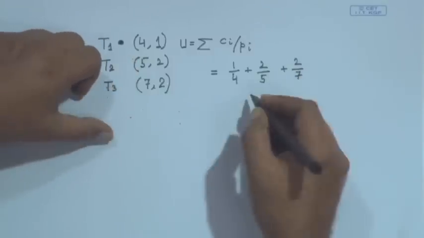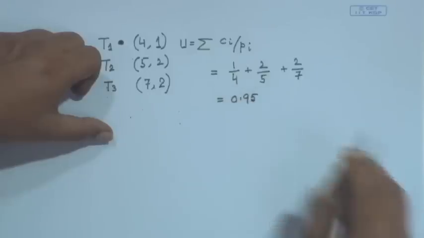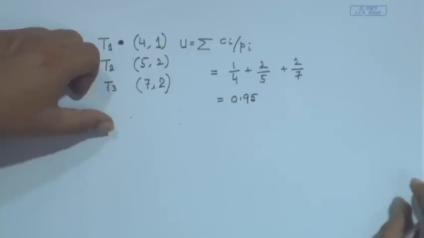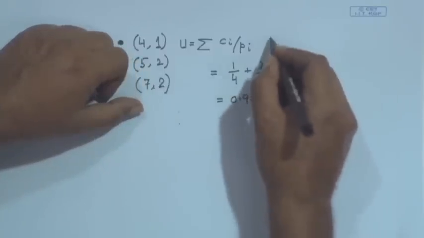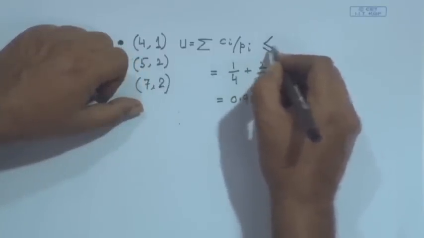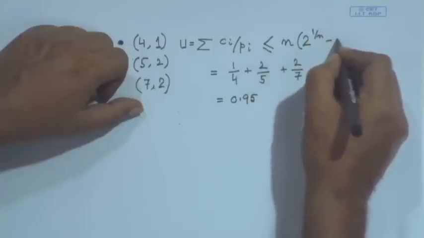So, that is coming to around 0.95, a little less than that, however. Okay. Now, we know that this should be less than or equal to n times 2 raised to 1 by n minus 1.